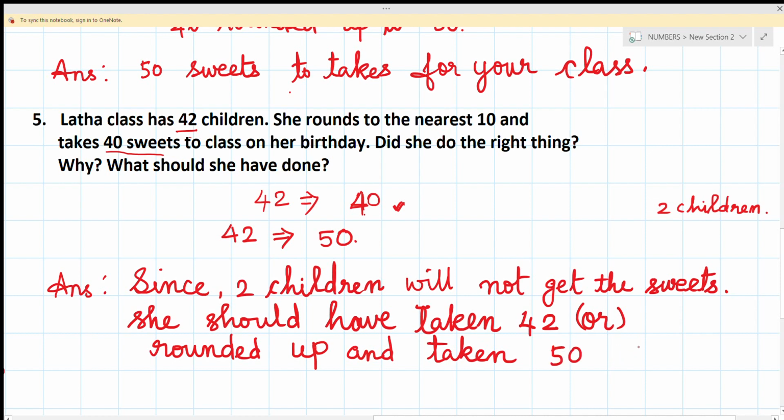So in this situation, she should have taken at least 42 or 50 sweets so that every child will get sweets. So thank you children. We'll see you in the next class.